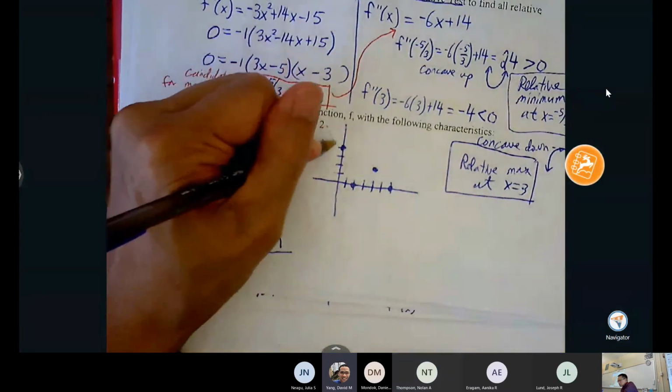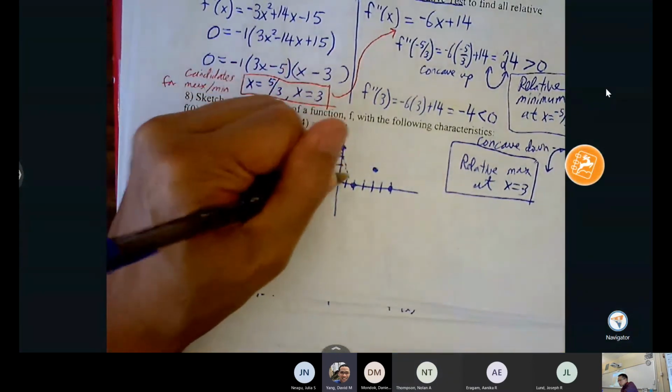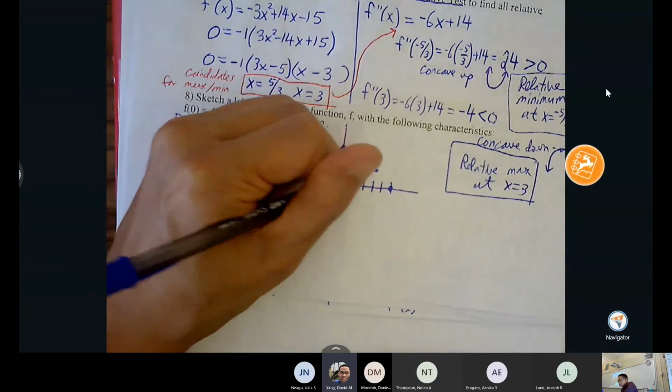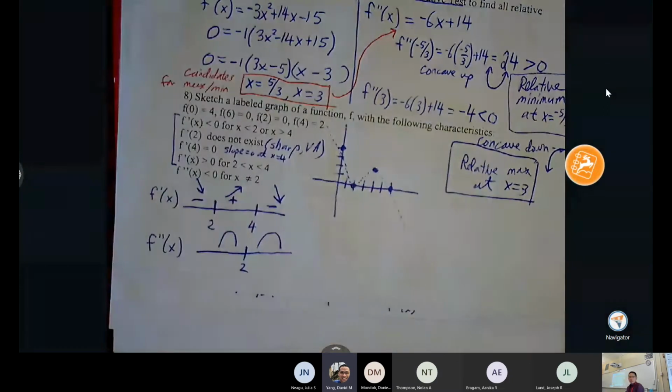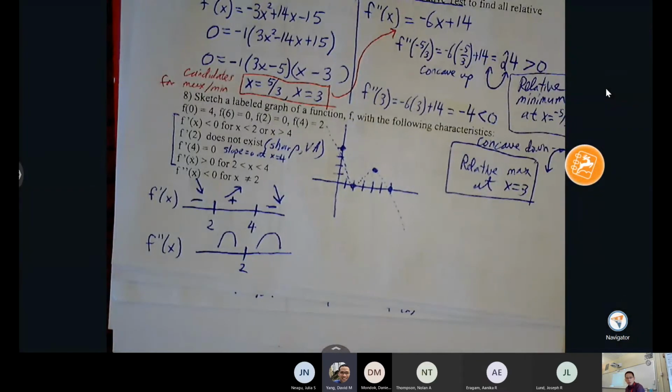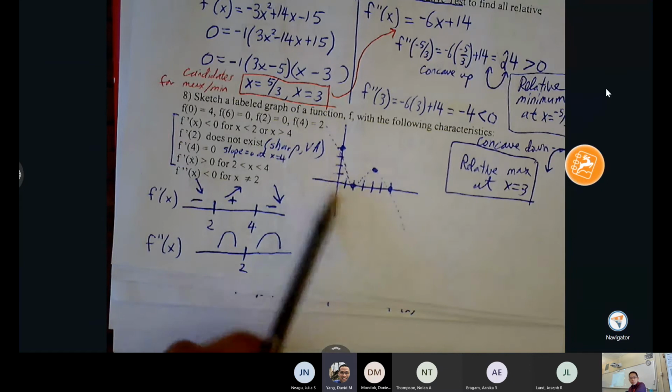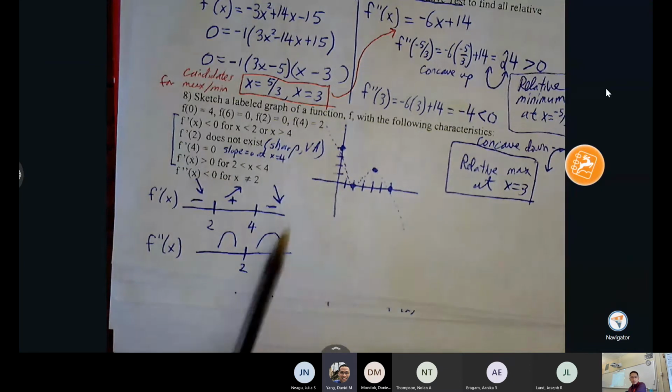So initially, this is maybe what I was thinking. I'm not even worried about the slope right now. Even without knowing the second derivative, I know my graph is going to be decreasing, then increasing, then decreasing. It's not my final product, but it gives me some idea.